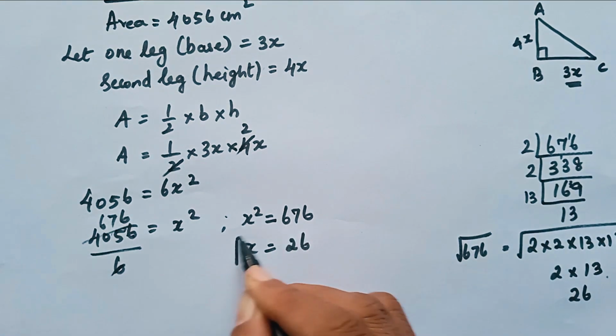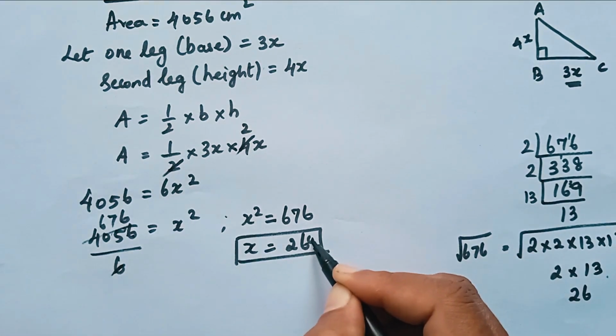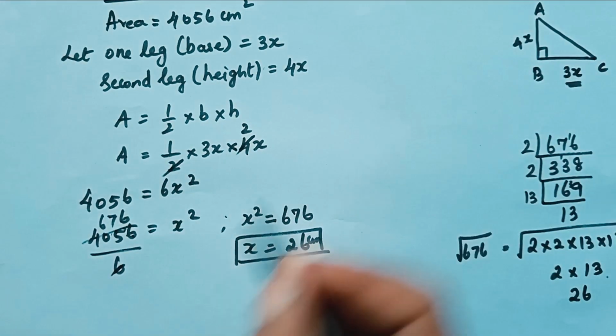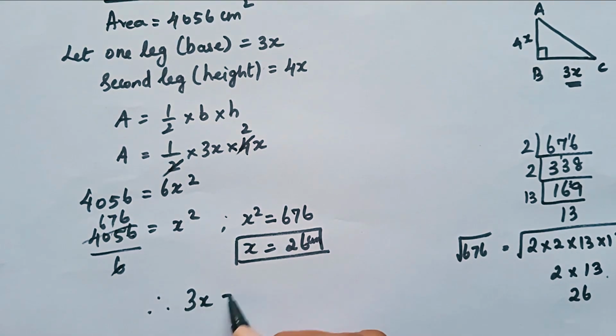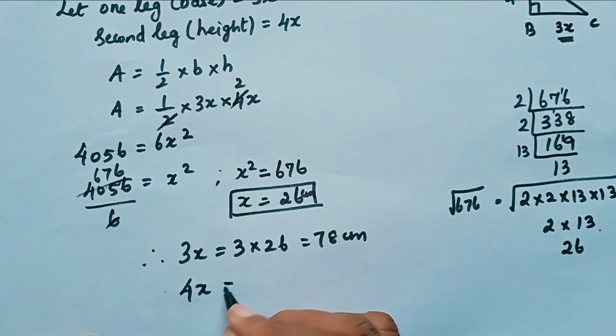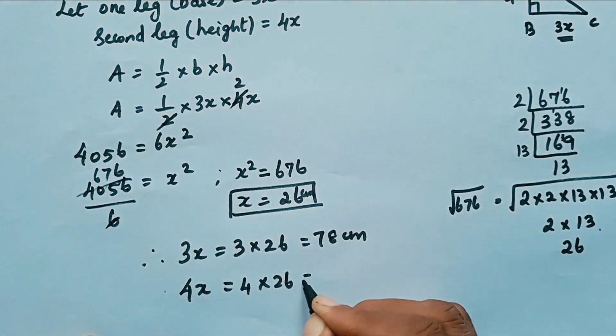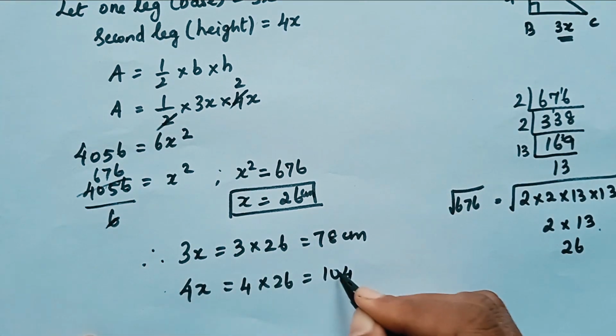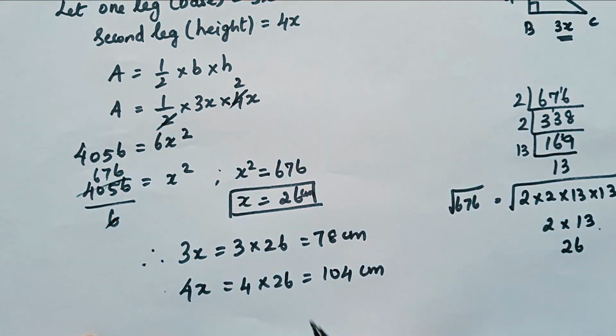So x is equal to 26 centimeter. Therefore 3x will be 3 into 26, which is 78 centimeter, and 4x is equal to 4 into 26, which is 104 centimeter.